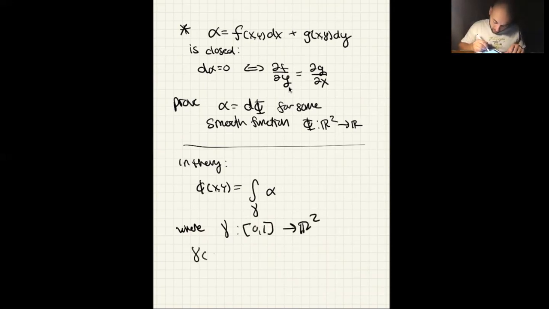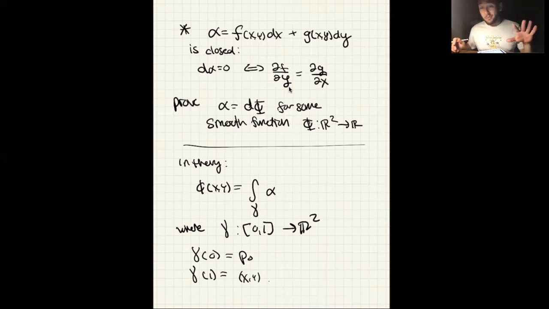Gamma of 0 is some initial point, and gamma of 1 is the point in question, x, y. This is what it, in theory, has to be, just by the fundamental theorem of calculus in two dimensions. But you can actually work out what this has to be.